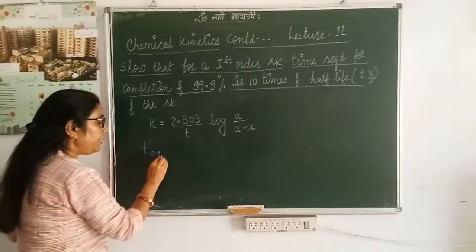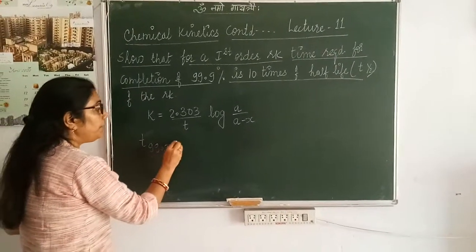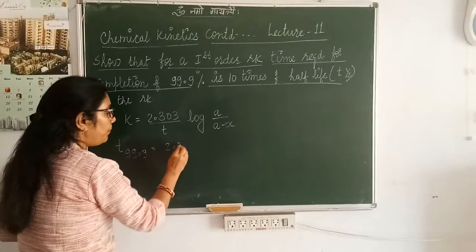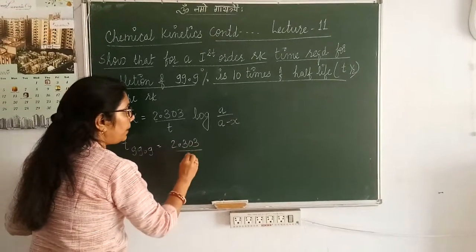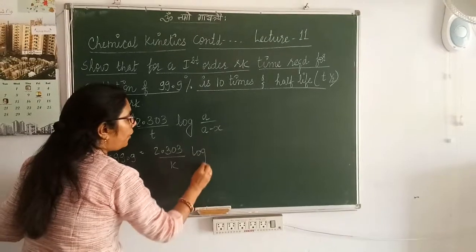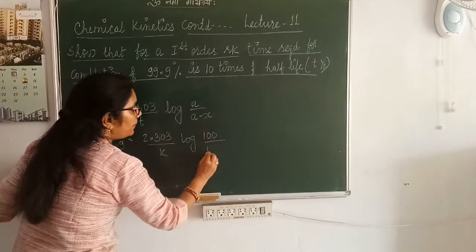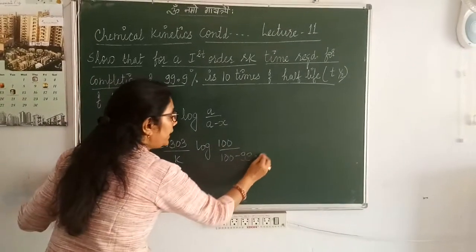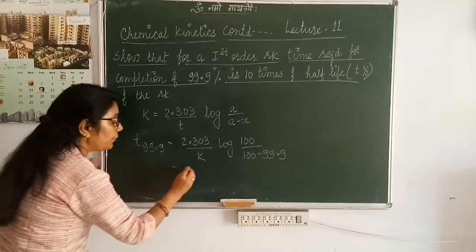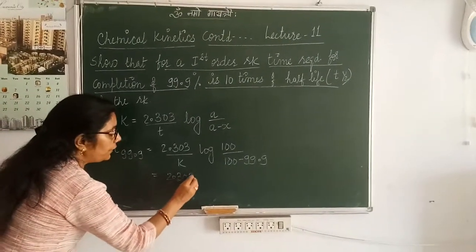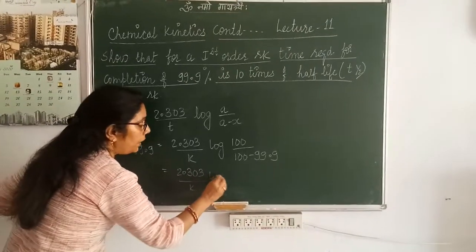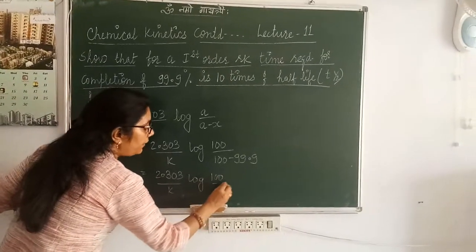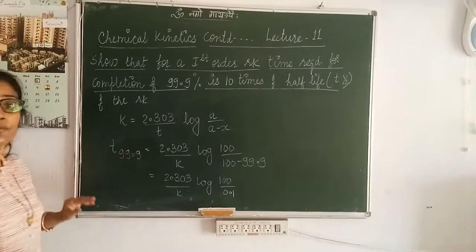T 99.9 will be equal to 2.303 by k log 100 divided by 100 minus 99.9. Then this is equal to 2.303 by k log 100 divided by 0.1.